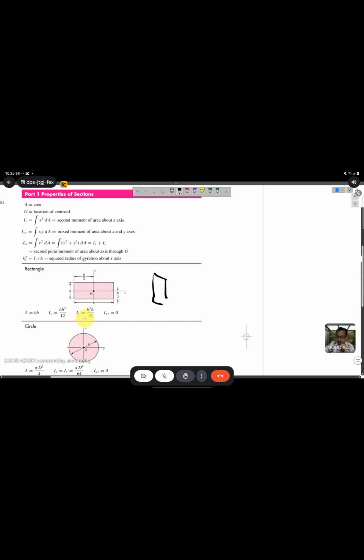So the neutral axis will be here. That means if you bend this one, I need to use this kind of equation, because the neutral axis intersects this line H at H, not at B. So this one will be B H to the power of 3 divided by 12.